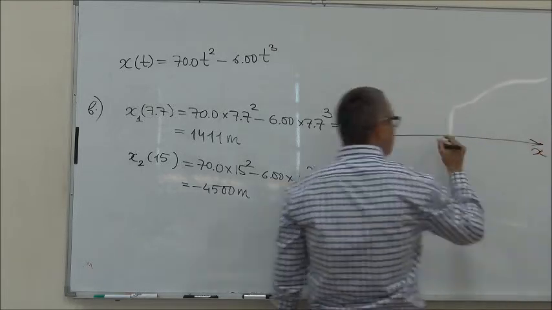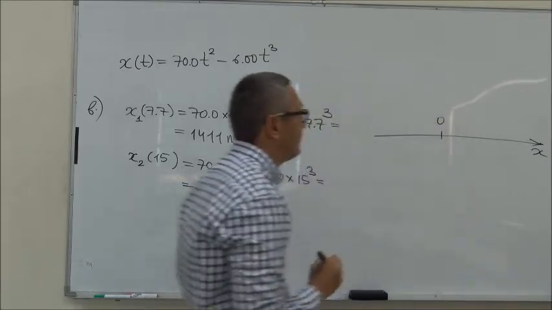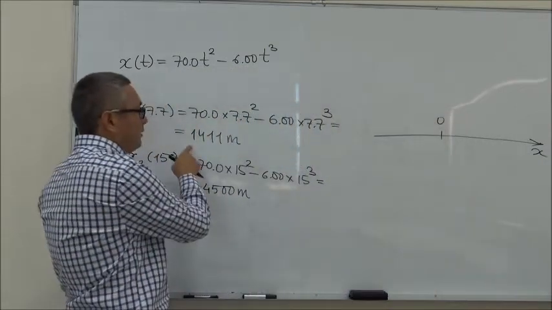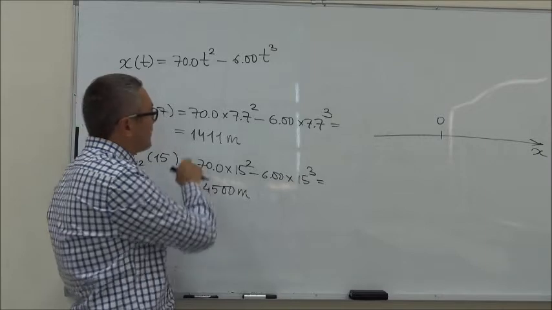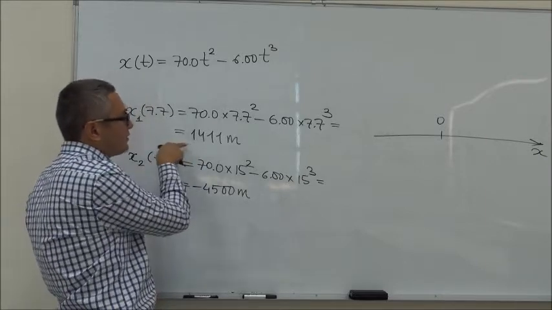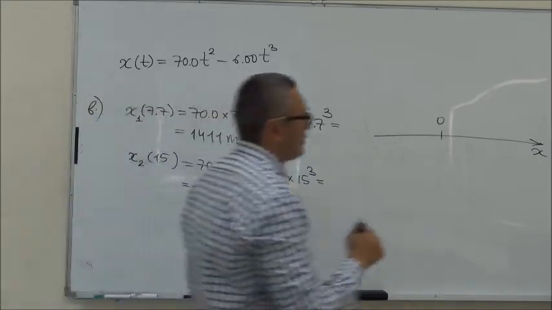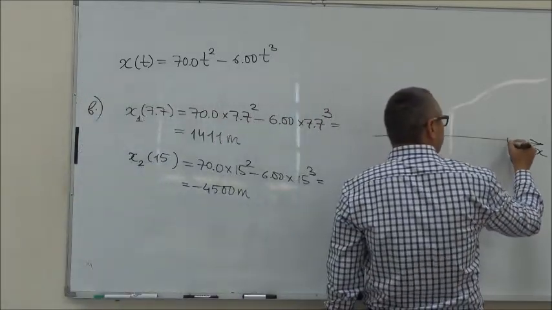This is the x-axis, this is the origin. In the first 7.7 seconds, the particle travels to position 1,411 meters. So it gets here.